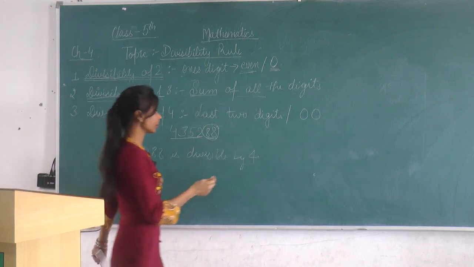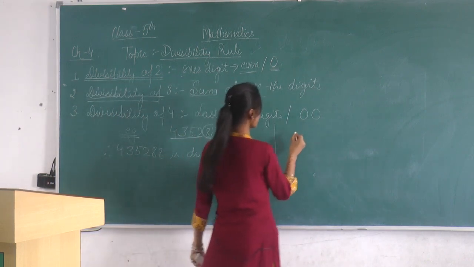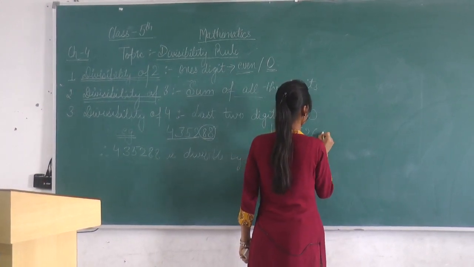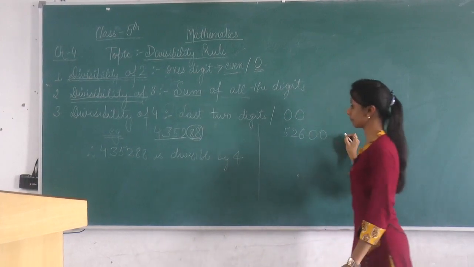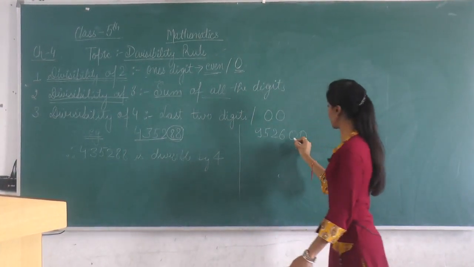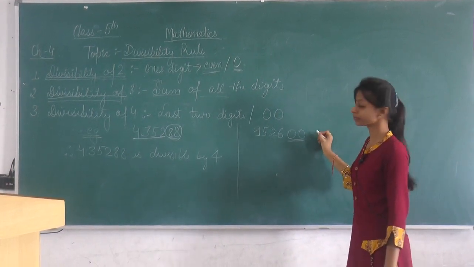Clear all of you? Let's take another example of this. Suppose I am taking this number. Here the last 2 digits are 0, 0.